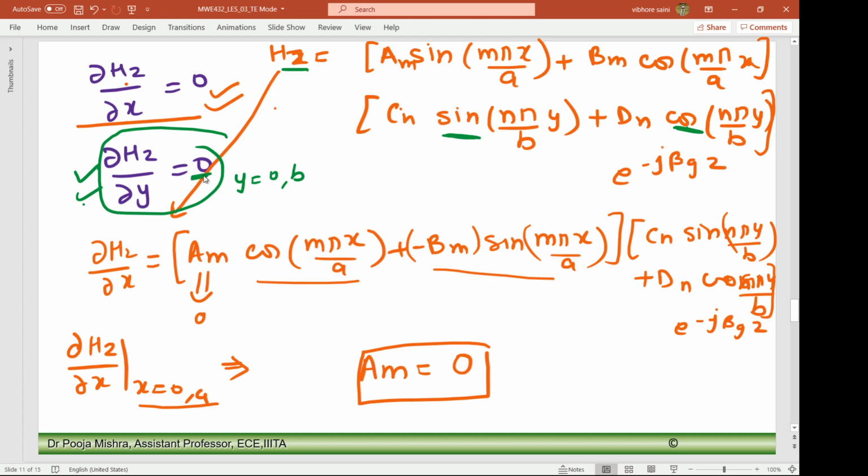In order to satisfy this condition equal to 0, this Cn should also be 0. So the second boundary condition will give this constant value equal to 0.